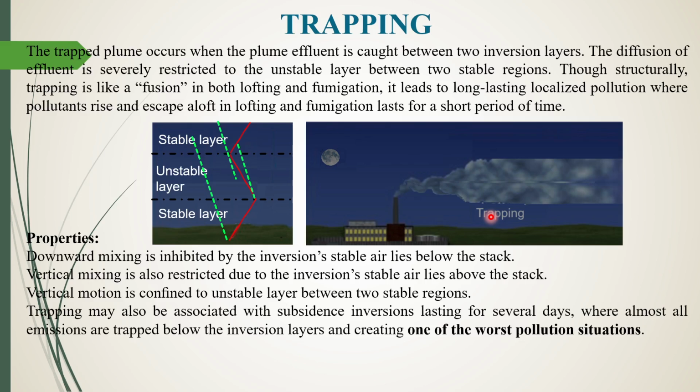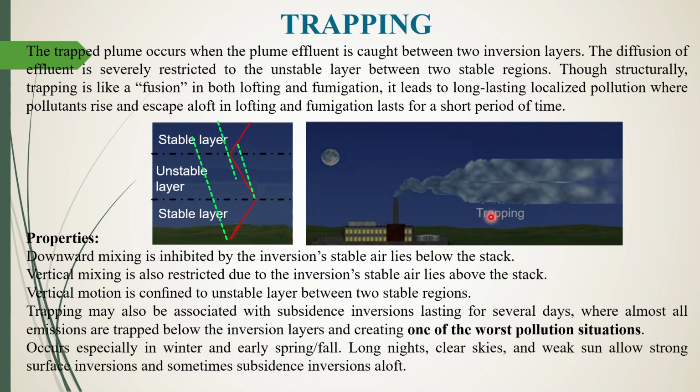Trapping may also be associated with subsidence inversion lasting for several days, where almost all emissions are trapped below the inversion layers, creating one of the worst pollution situations. It occurs especially in winter and early spring or fall. Long nights, clear skies, weak sun, this is the condition.